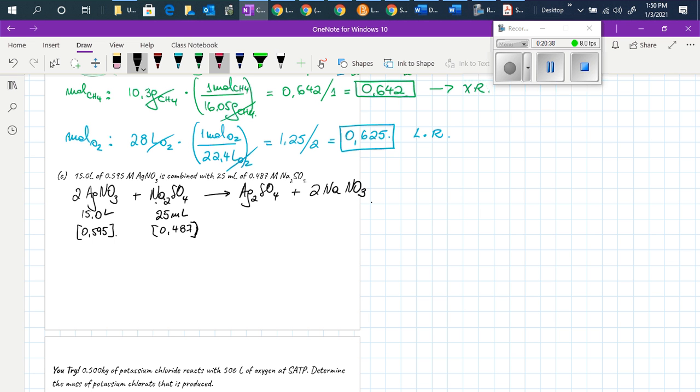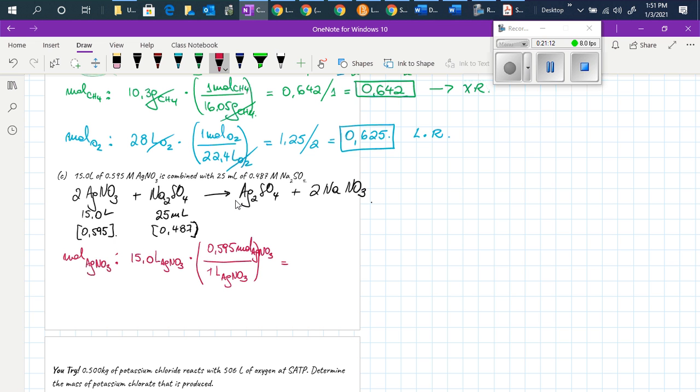So let's identify the moles of silver nitrate. We'll start with what is given. So 15 liters of silver nitrate, using the concentration, 1 liter of silver nitrate is 0.595 moles of silver nitrate.